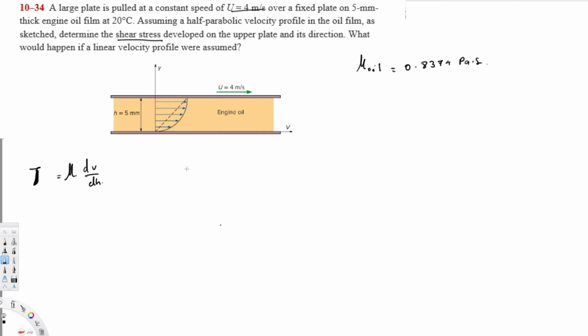So in parabolic, we can calculate velocity by v squared equal to k y. Here v is equal to u, so we can substitute 4 meters per second, but we have to find the constant first. k is a constant and y is the height.